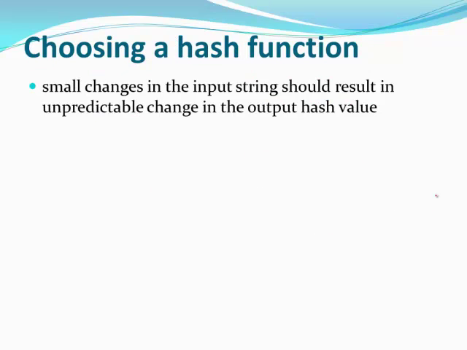So choosing a hash function, the ideal way is that even small changes in the input string should result in unpredictable change in the output hash value. That's a very important thing, because even if the keys are pretty close, K1 is pretty close to K2. Let's say K1 is like ABC, but K2 is like ACC, where B and C are pretty close to each other in the ASCII table.